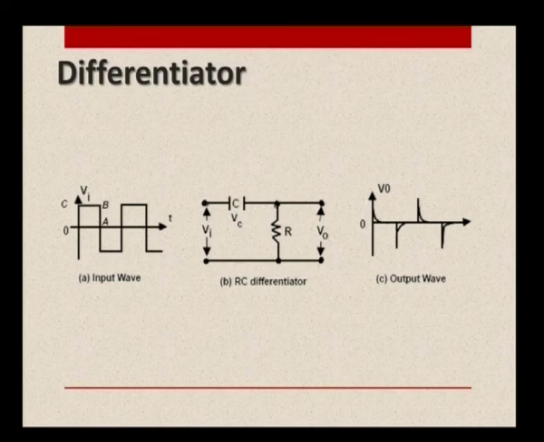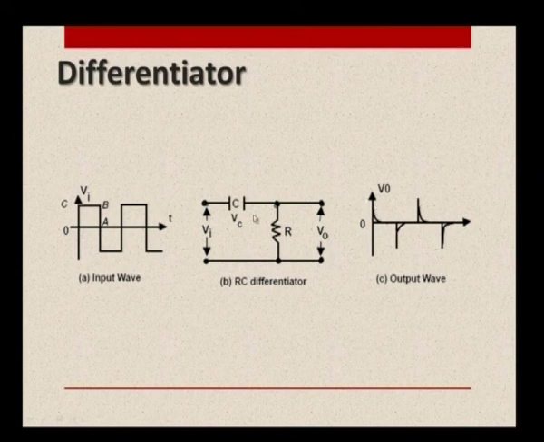So, let us have a look at the diagram once again and learn more about the differentiator circuit. See, when we give an input of a square wave, this is given to the circuit as Vi, and the output is found to be spikes. For this duration, the section CB, the capacitor quickly discharges the moment the higher voltage is given, because the time constant of the differentiator circuit is too small.